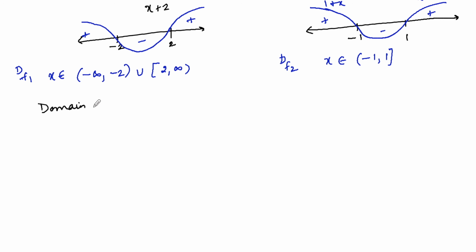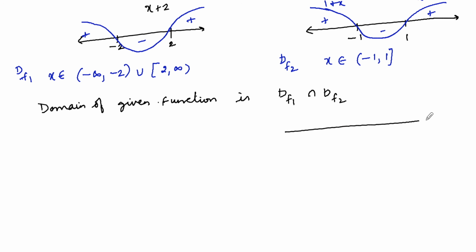So the domain of the given function can be taken as the domain of f1 intersection the domain of f2. Clearly, let me mark: minus infinity, minus 2, this is minus 1, and here let us consider 1, 2 and to infinity.